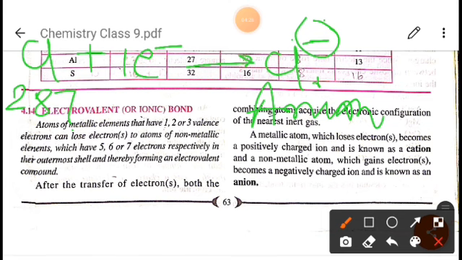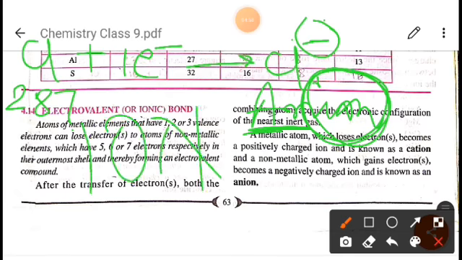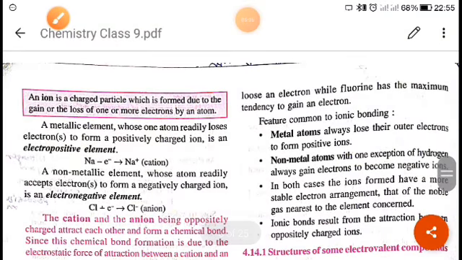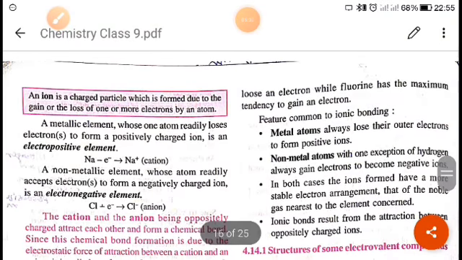Now when we talk about anion or cation, the word ion is repeated here, as you can see. So what is this ion? An ion is basically a charged particle.